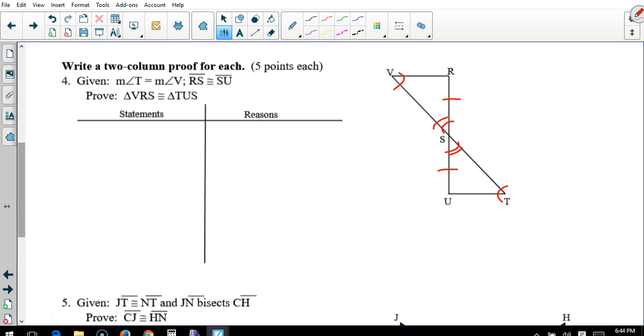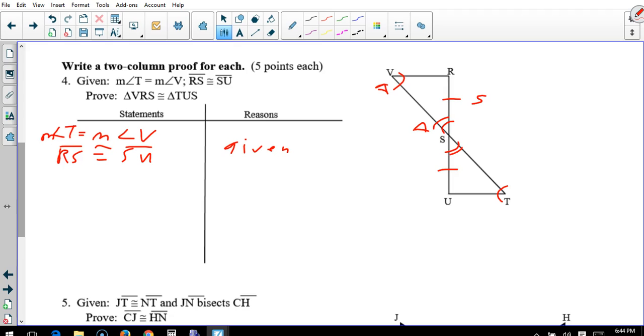So here we have angle, angle, side. That rule works. So we do our given. Measure of angle T is equal to measure of angle B. And RS is congruent to SU. Given.